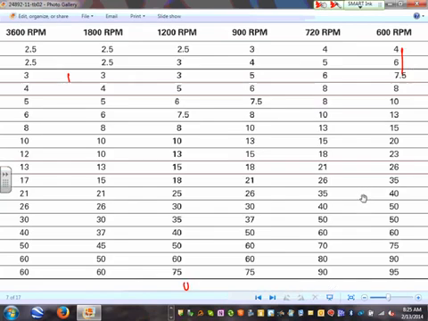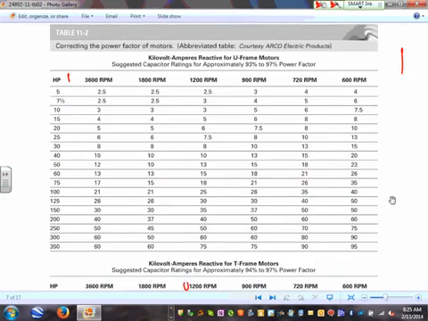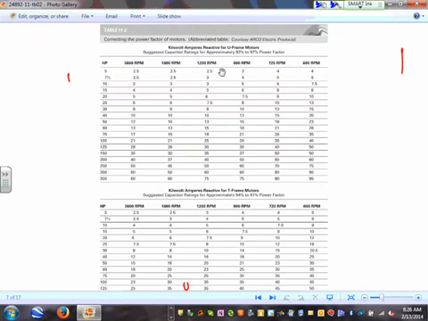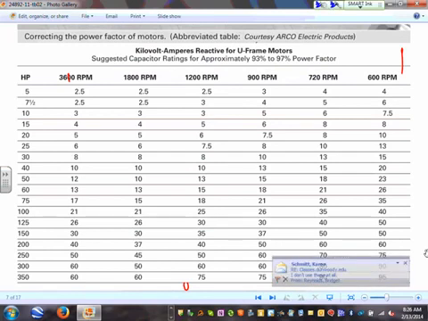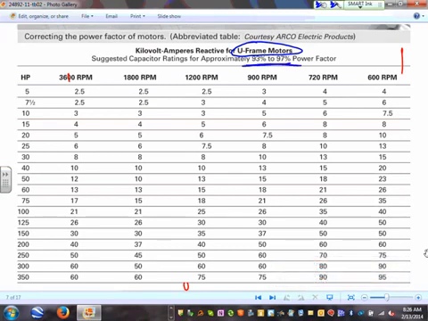The first thing you need to do is this correction is for a power factor. There you go, U frame. If I tell you guys it's a U frame, the correction is between 93 and 97.